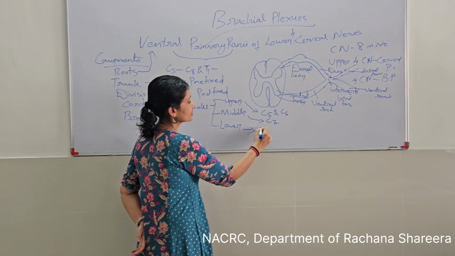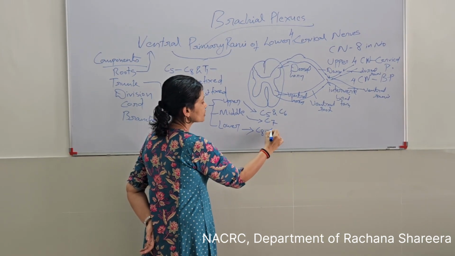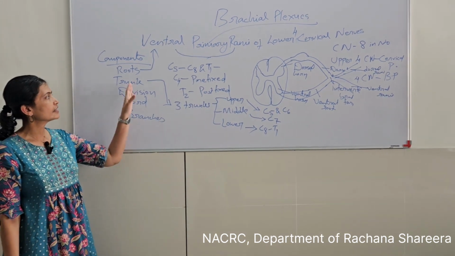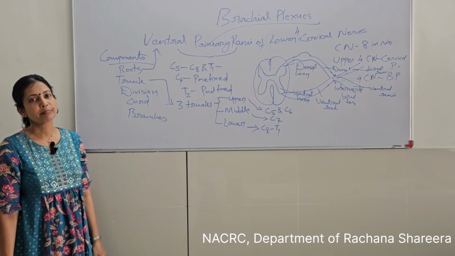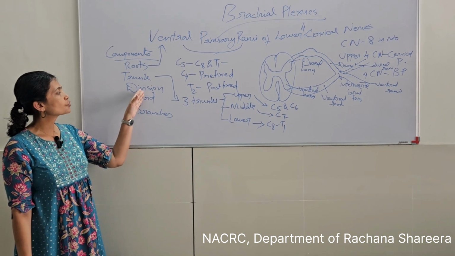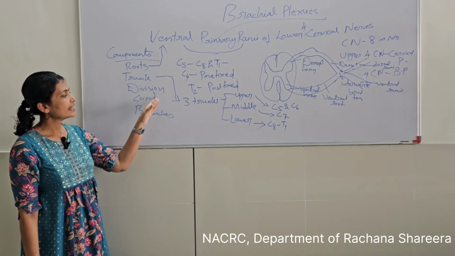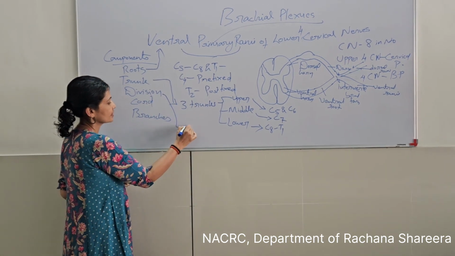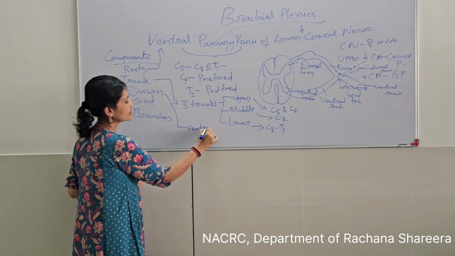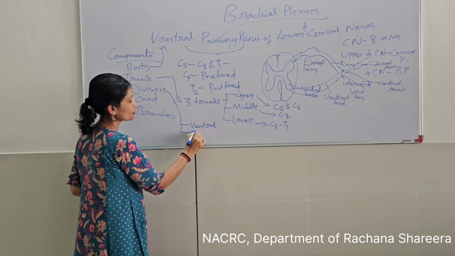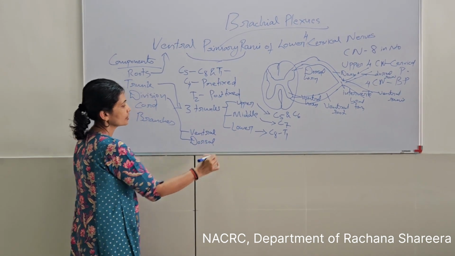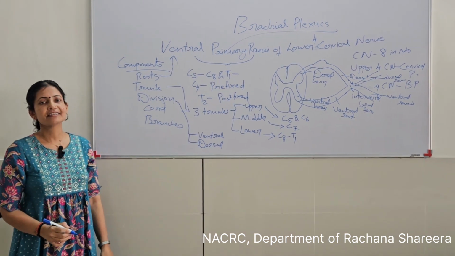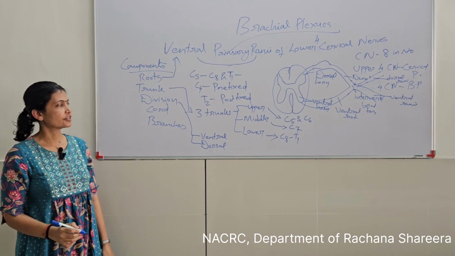And lower trunk is formed by the union of C8 and T1. So this is regarding the trunk of the brachial plexus. Next we will move to the division. Now each trunk divides into two divisions, that is ventral division and dorsal division.